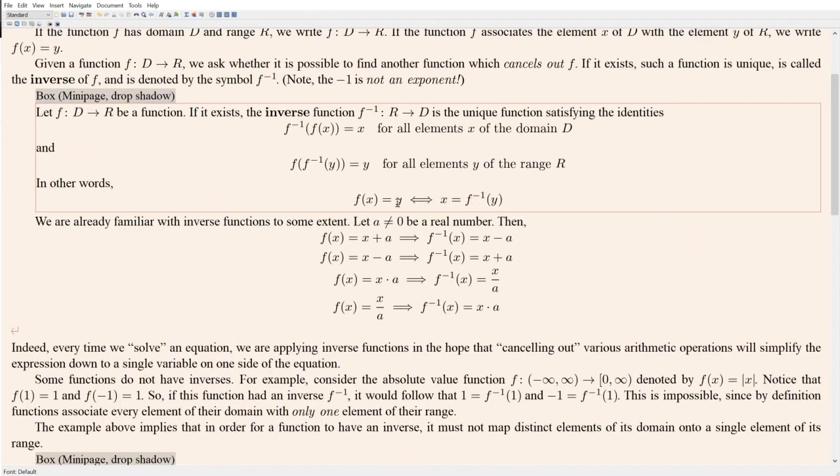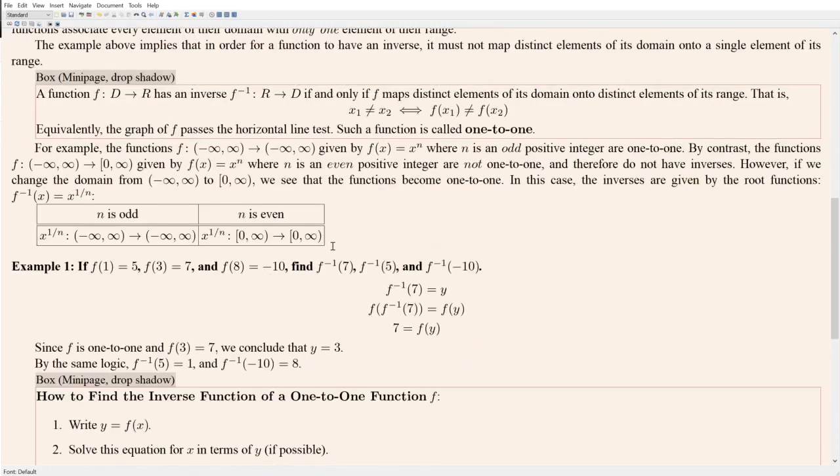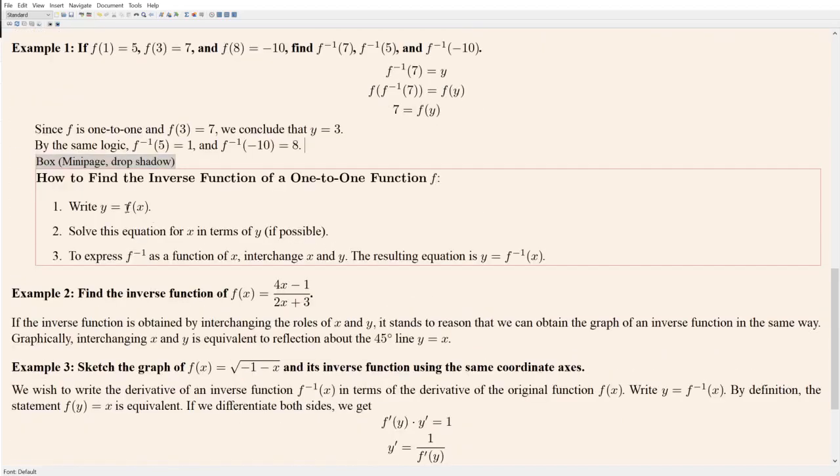In a sense, what we are doing is literally just solving this equation for x. The action of constructing the inverse is the action of solving for x. So if this is an equation that we know how to solve, it stands to reason that we know how to find the inverse, because the action of solving it is equivalent to the action of constructing the inverse.